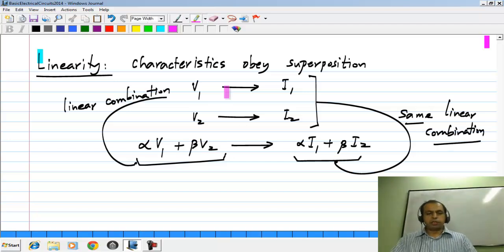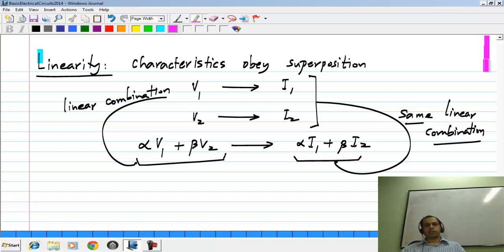So this obviously means that if you double the value of V1, you will get double the current. If you make the value of V1 half of what it was before, it gives you half the original current and so on. Now, of course, I have taken voltages and currents here, but this is a general property that can be applied to systems.